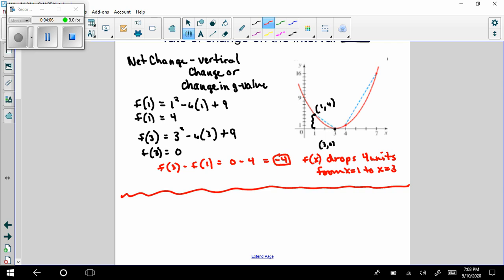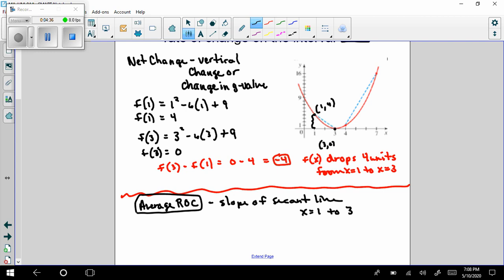So now we're going to transition over into average rate of change. So ROC is going to stand for average rate of change. So that is the slope of the secant line from x equals 1 to 3. Okay, so average rate of change we did way back at the beginning of the semester.